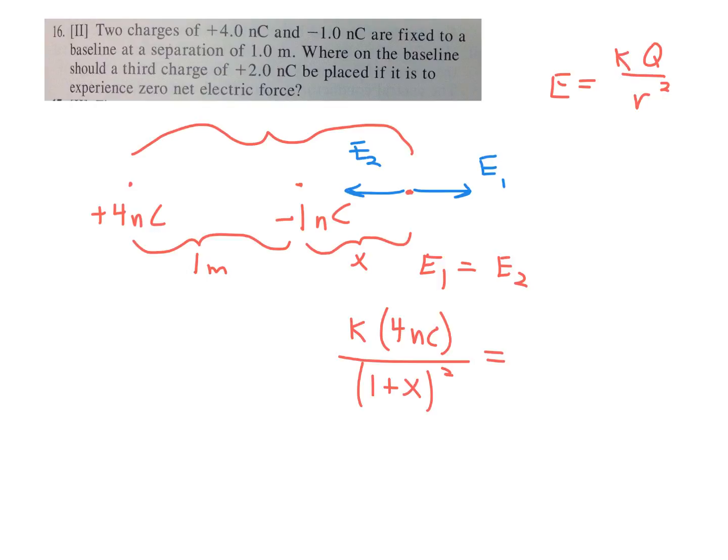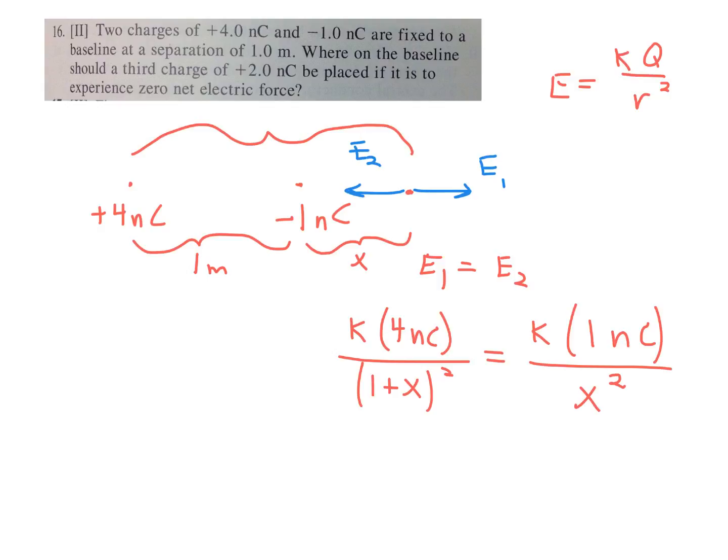So for E2, that's going to be our electric field strength due to the negative 1 nanocoulomb charge. It's going to be K times 1, don't plug in the negative, nanocoulomb. If you want to plug in 1 times 10 to the negative ninth, you can, but you'll see a shortcut here, over X squared. All right, so you'll solve that for X.